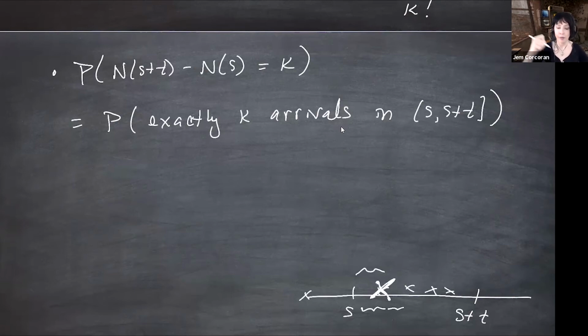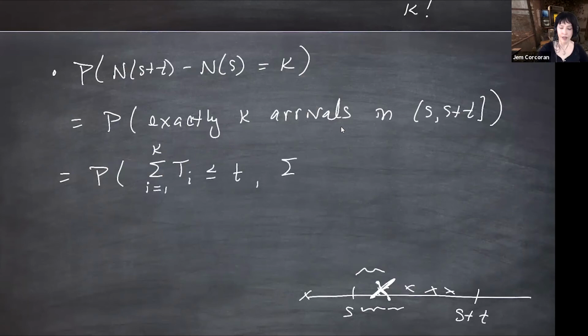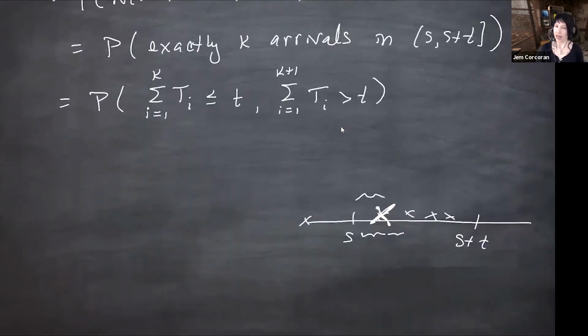This is the probability that the sum as i goes from 1 to k of T_i is less than or equal to t, and the sum as i goes from 1 to k+1 of T_i is greater than t. So I am using IID-ness here.